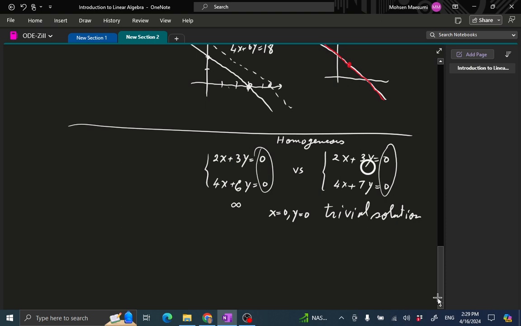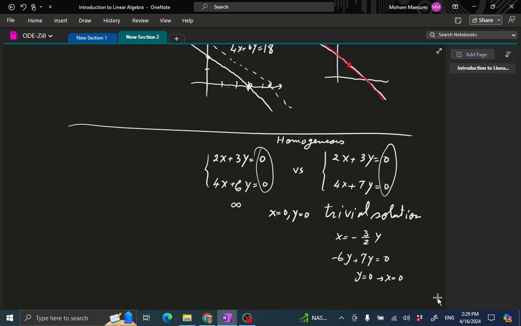How about this one? For example, find x from the first equation. So you can say x is equal to minus 3 half of y. Put it in the second equation. Multiply this thing by 4. It makes it minus 6y plus 7y is equal to 0. So that boils down to y equal to 0, and therefore x also equal to 0.